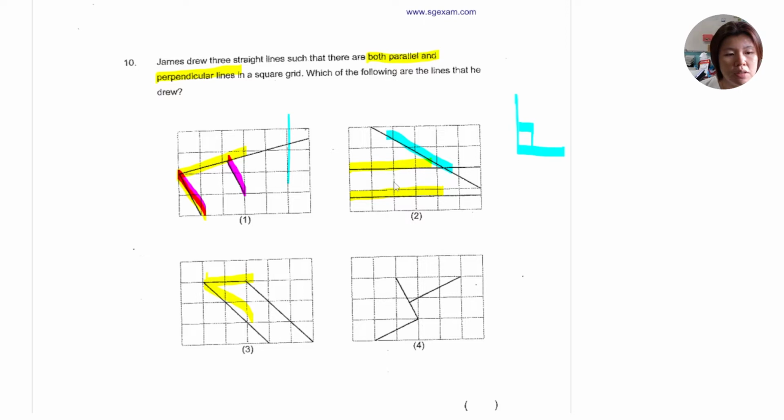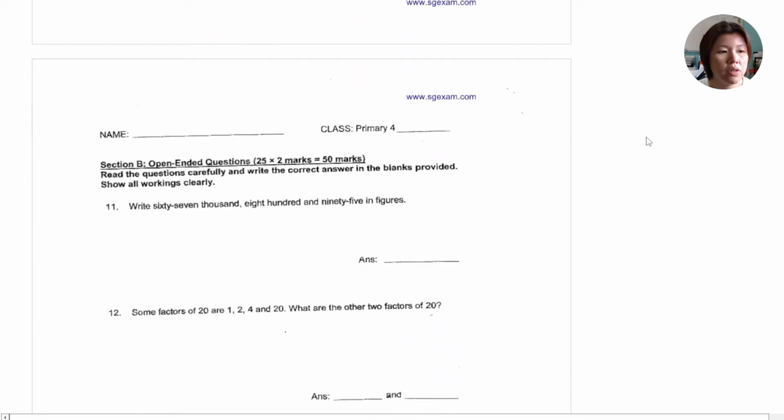And let's check this thing. Okay, this line and this is parallel. And this line and this line is perpendicular as well as this line too. So my answer will be number 4.